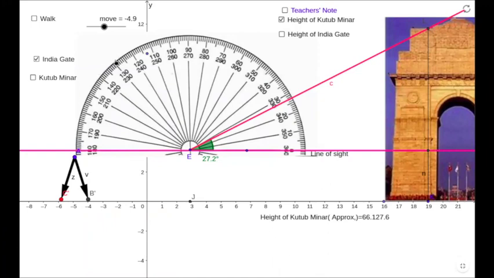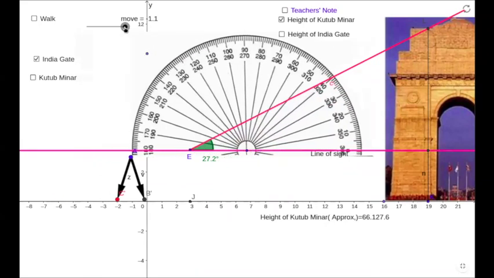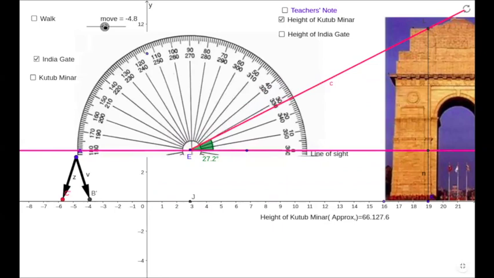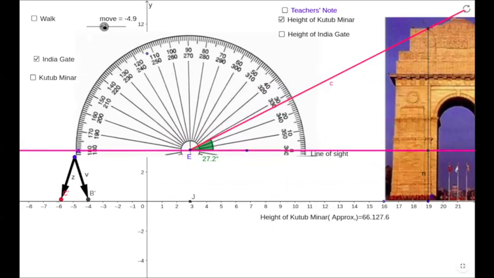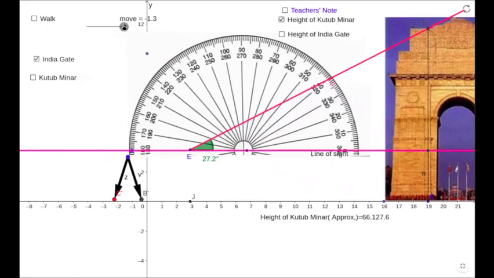Yes, sir. Okay. So just look at this at different positions. Now just watch what I did. Now the angle is 27.2, right? Yes, sir. Okay, now I am moving this one to another point.